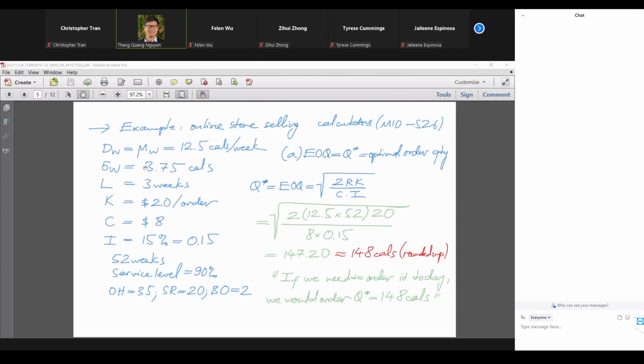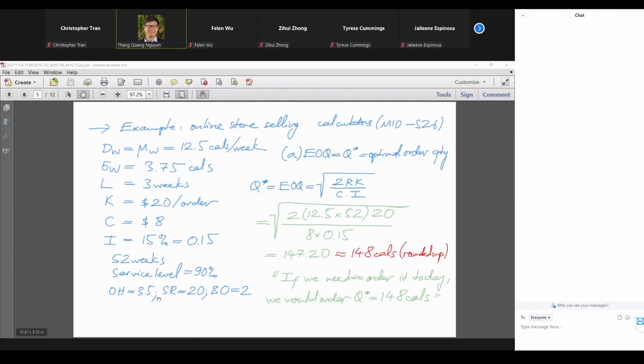This online store sells calculators, right? So we have all of the information here: we know the demand, the standard deviation, the lead time, the ordering cost, the unit cost, the inventory holding cost rate, how many weeks we operate, and the desired service level.